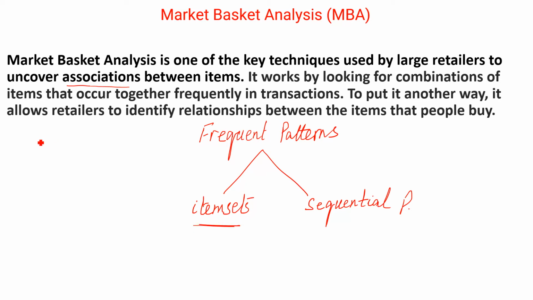Suppose you go to the convenience store. You can observe the customers, or you can check the transactions database at the end of the day of that store, and you will see that whenever customers go to the convenience store, they buy chips and drinks together, right?